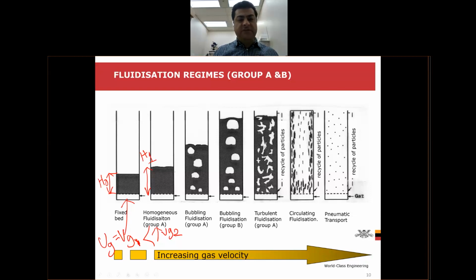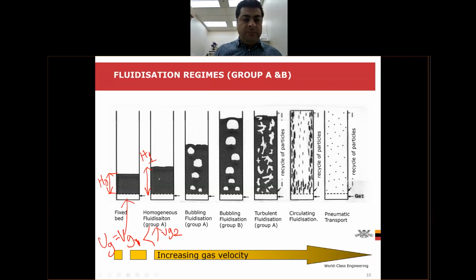But I have to clarify something. You will see later that powders are classified in four categories: Group A, Group B, Group C, and Group D. If you are using Group A powders, you will see later what kind of powder they are, always these two systems are very distinctive. In other words, when the particles start to move up or move around, you don't see a bubble.